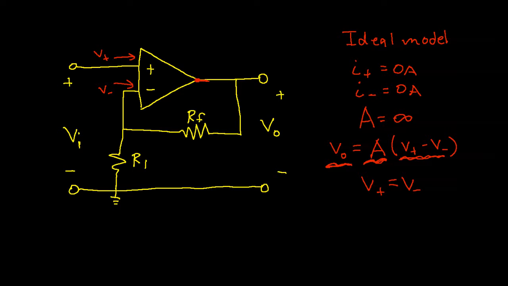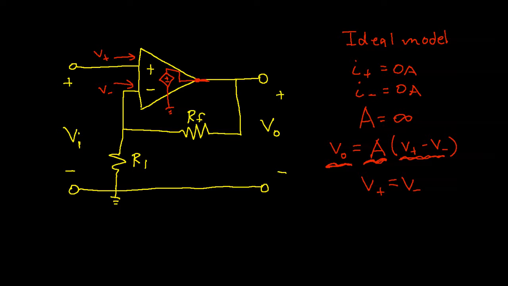Now some of you may be thinking, well, how on earth can the output do whatever is necessary to make these two inputs equal? If you'll remember, hidden away inside this op-amp is a controlled voltage source. And this typically goes down to ground.